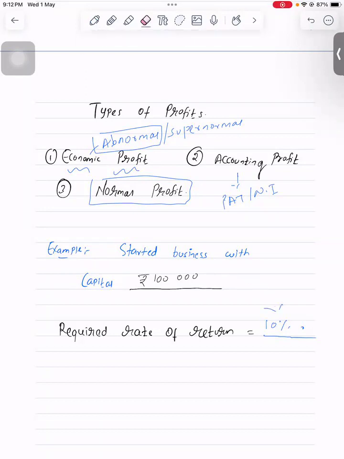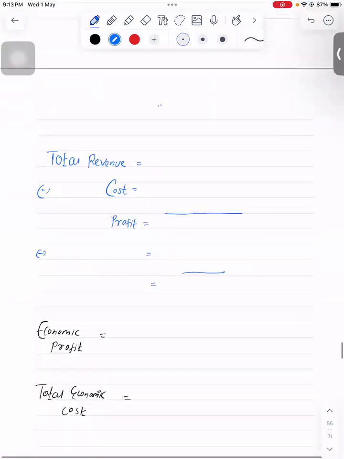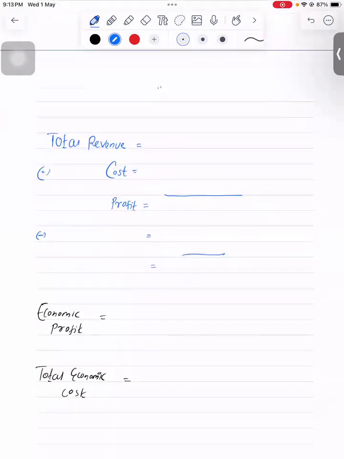Otherwise, you will be in losses. Because 10% is the only interest which you need to pay. So that's why, minimum required rate of return for you is 10%. So we will call this 10% as opportunity cost. Okay, and what is opportunity cost? We will discuss in coming slide in detail.